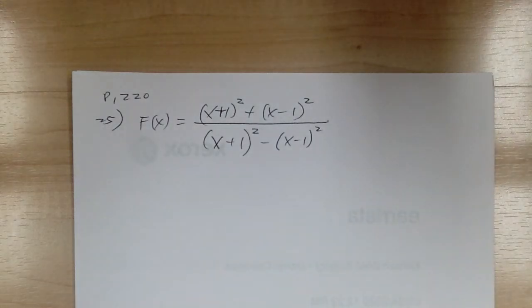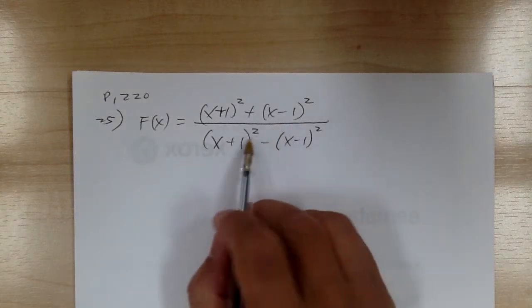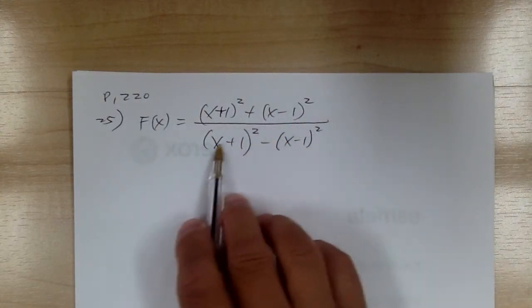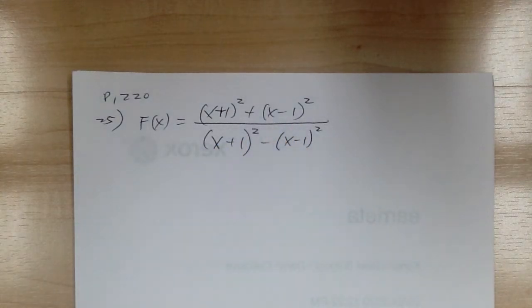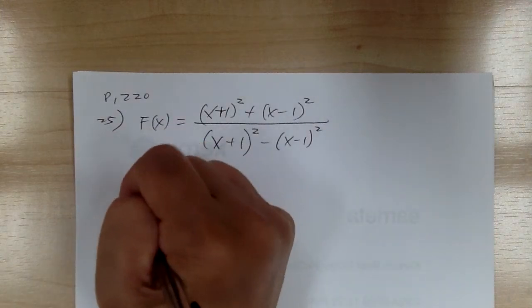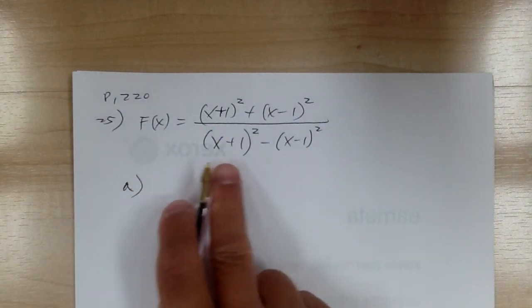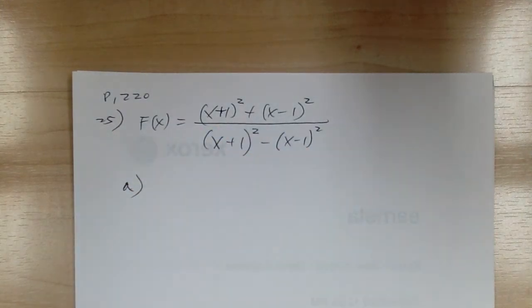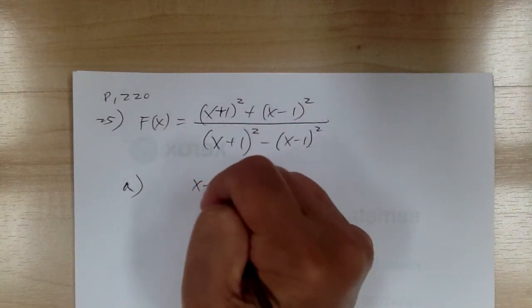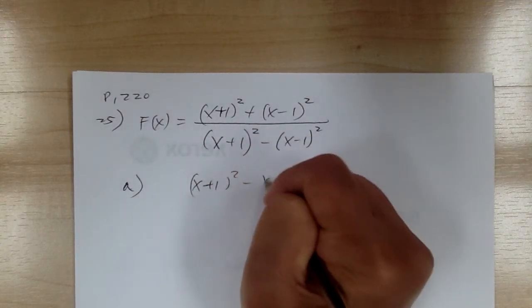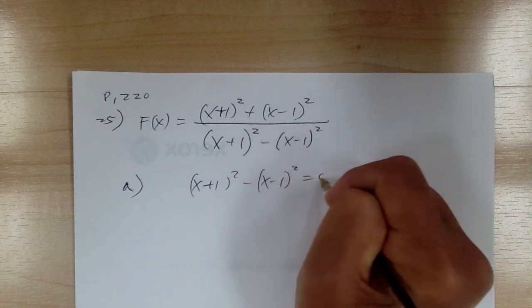So again, to find the domain, you're looking for the restricted value, you set the bottom equal to 0 and see what it's equal to. So you got x plus 1 squared minus x minus 1 squared equal to 0.